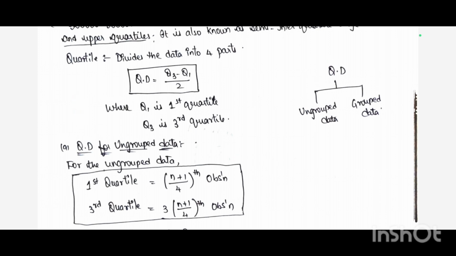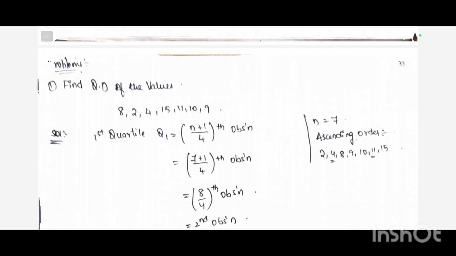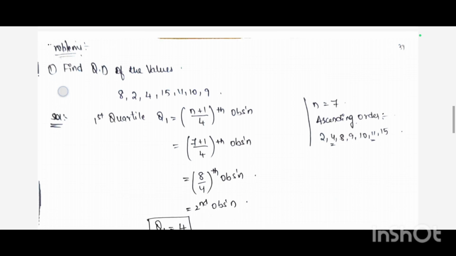If n is odd, then you can use the formula (n plus 1) divided by 4th observation for the first quartile and 3 times (n plus 1) divided by 4 for the third quartile. First step, you have to arrange the given observations in ascending order.